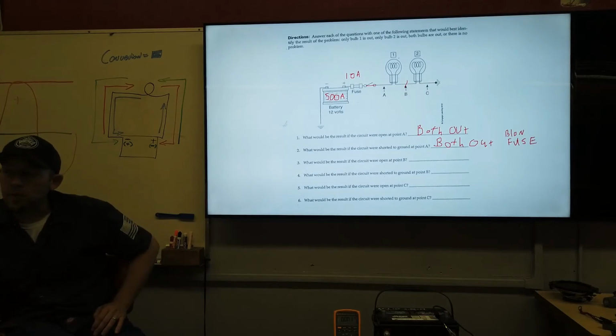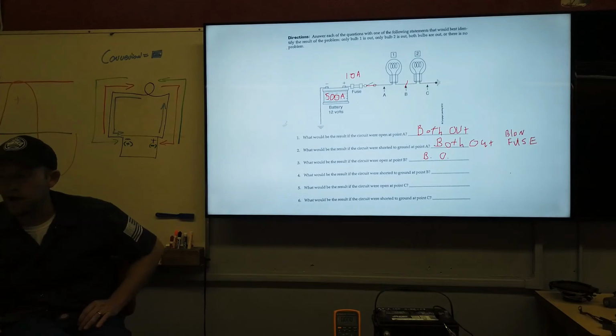Does this bulb have power and ground? This one would have a path to power, but it would have no ground. So this one's out. Then this one would have ground, but it would have no power. So this one doesn't light either. And so again, both are out. So BO in this context is going to mean both bulbs are out.